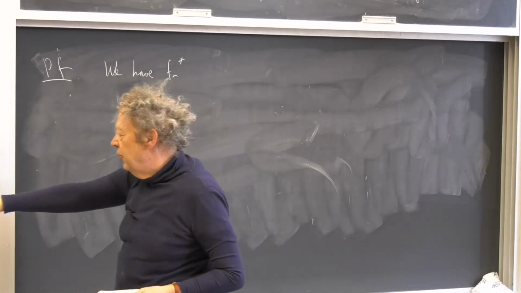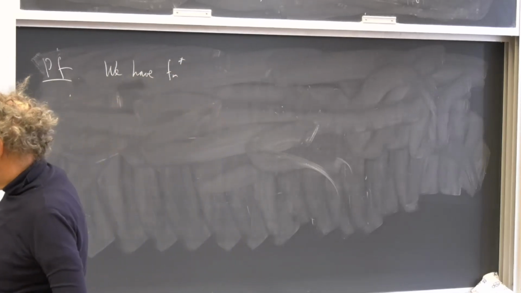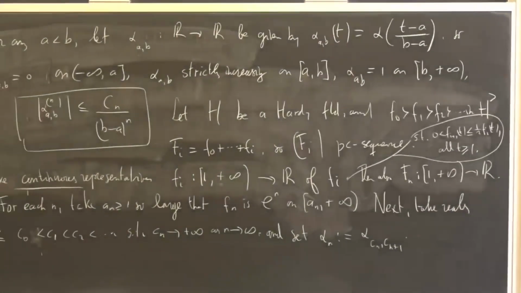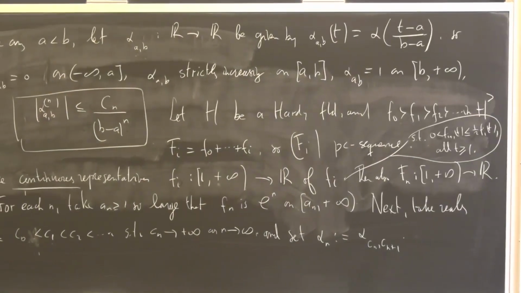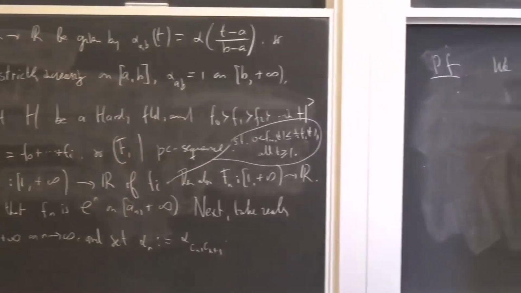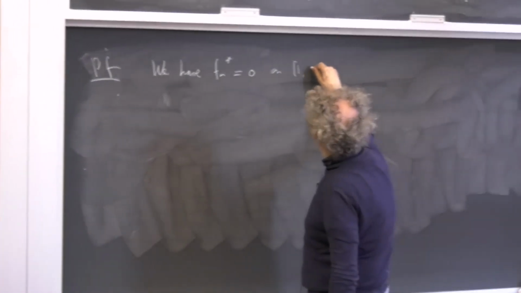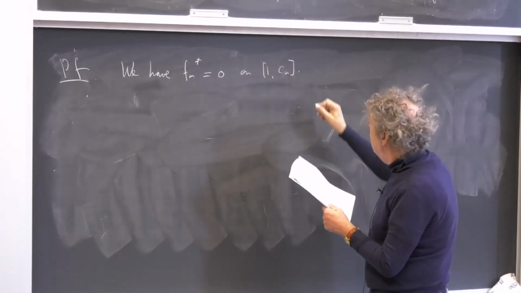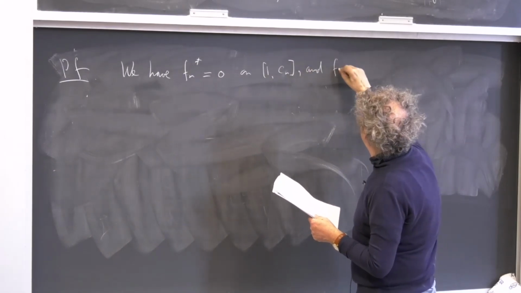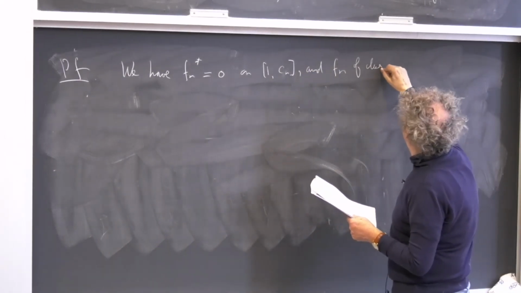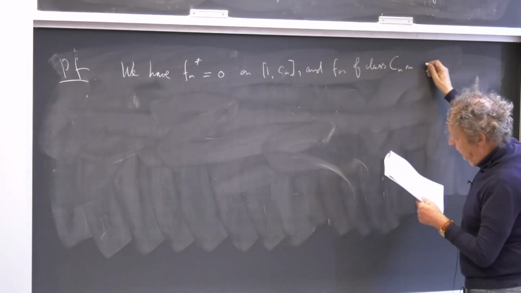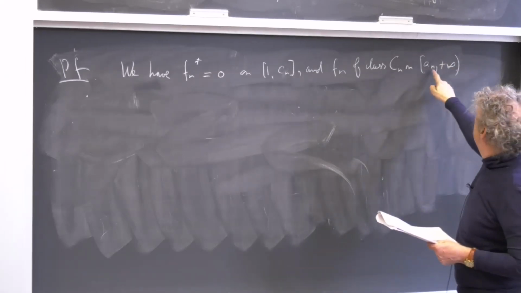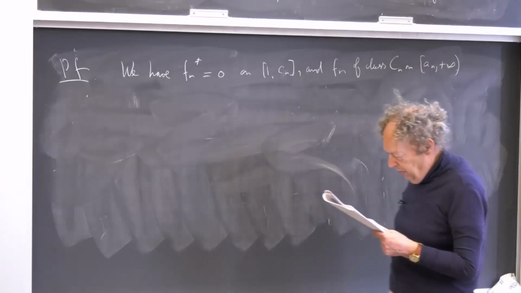The way the Cn are chosen, alpha n will be 0 for arguments t less than Cn, and that means that fn star is simply 0 from 1 up to Cn. And we also know that Fn is of class Cn on An to plus infinity, and Cn was chosen to be bigger than or equal to An.